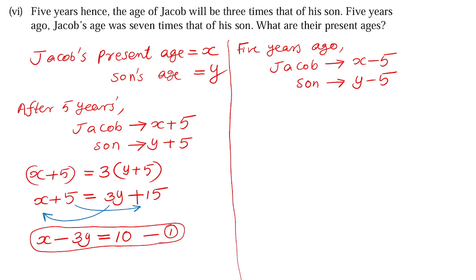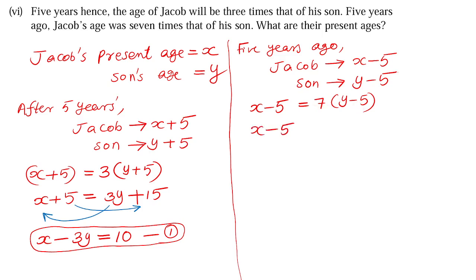Clear. Now, 5 years ago, Jacob's age is x minus 5. Son's age is y minus 5. It says that Jacob's age was 7 times son's age. It's a very simple equation, right?